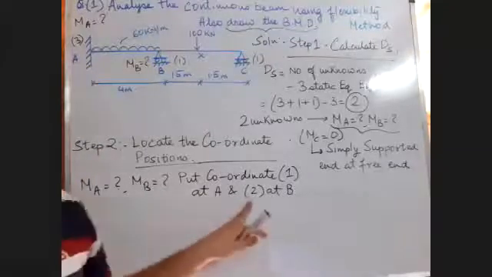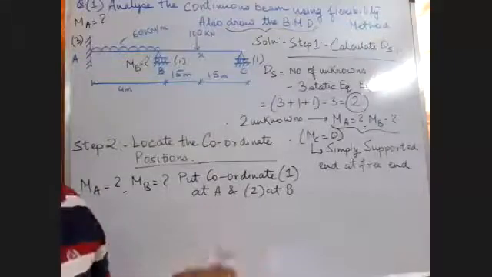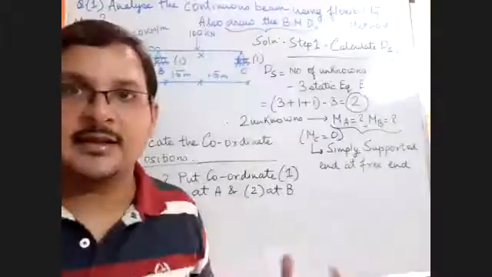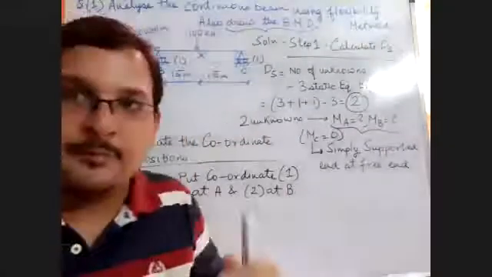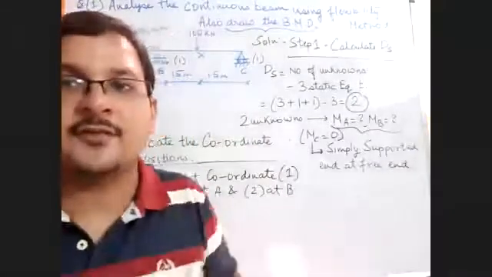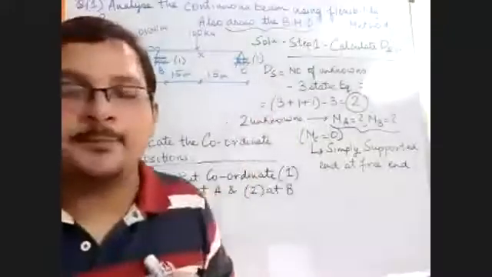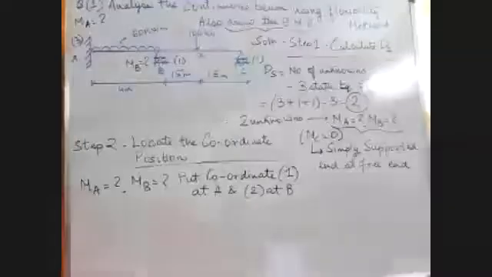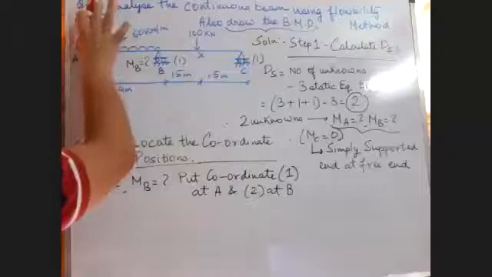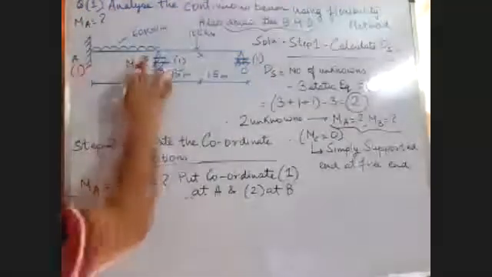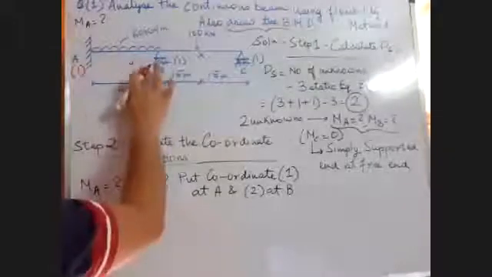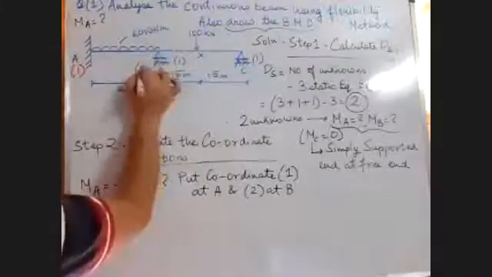But this is not a hard and fast rule. In any question, if the coordinate is previously given in the question, then based on the reference of the coordinate, I have to find my flexibility matrix. So point A is 1 and coordinate 2 is B. We will represent it like this.